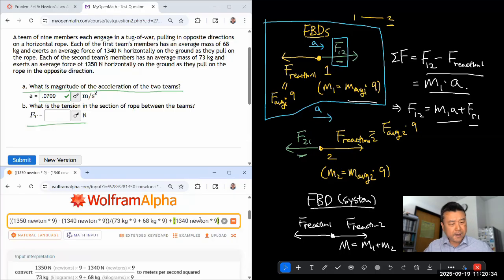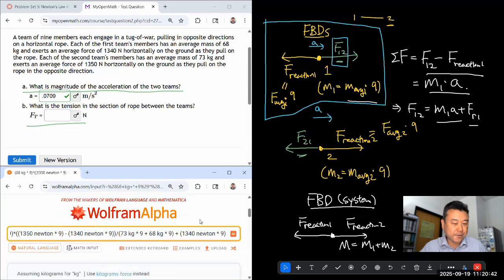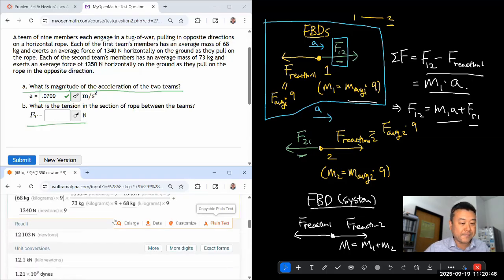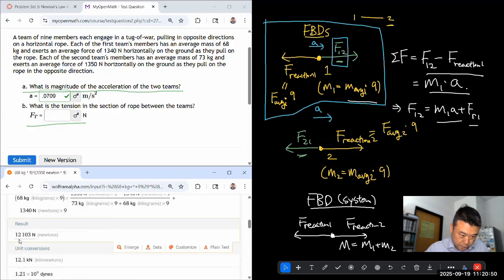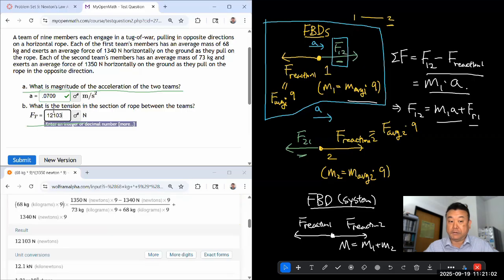There's probably a way I could have simplified it, but for one question like this, although simplification works, it feels to me like it'll cost me more time than simply plugging in numbers. So the tension ought to be 12,103 Newton, and that should be slightly greater than this 1340 times 9. So 12,103, and you don't have to round it at all either.